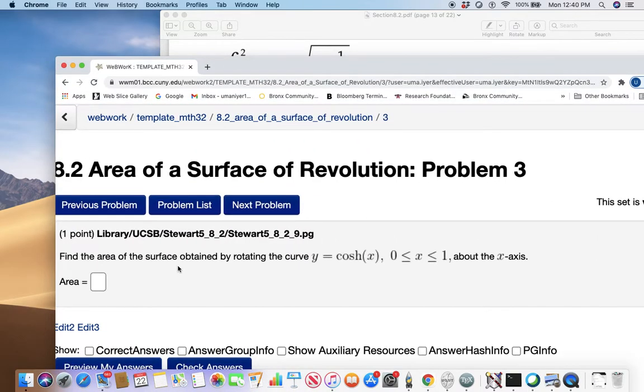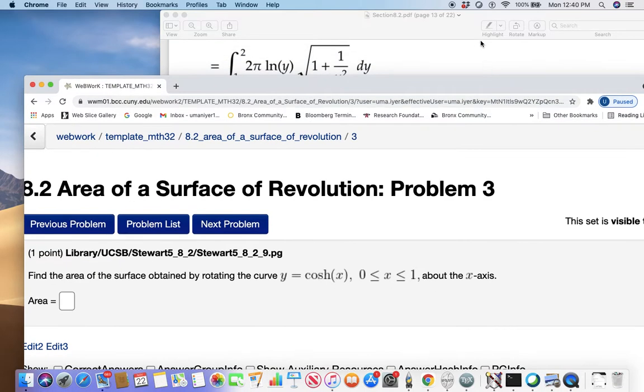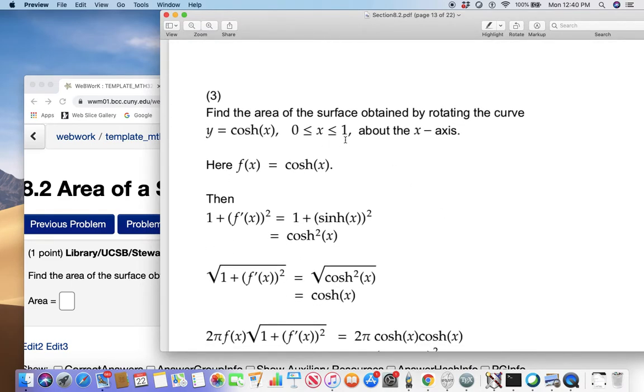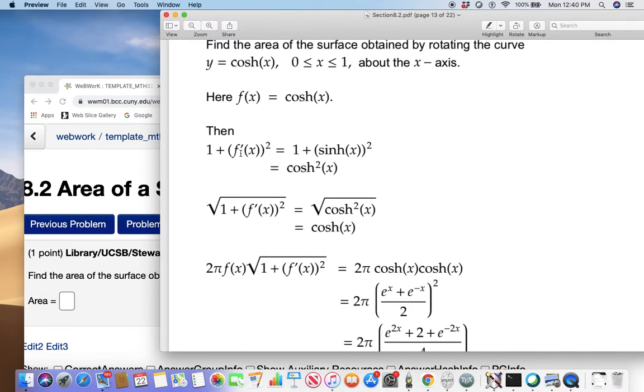Find the area of the surface obtained by rotating y equals cosine hyperbolic x about the x-axis, x being 0 to 1. Standard material, f(x) is cosine hyperbolic, so 1 plus f prime x. Derivative of cosine hyperbolic is sine hyperbolic.